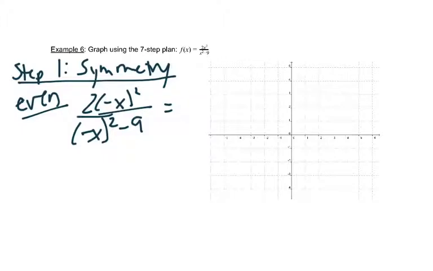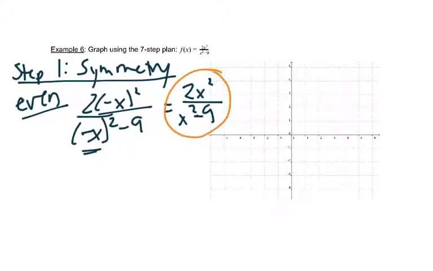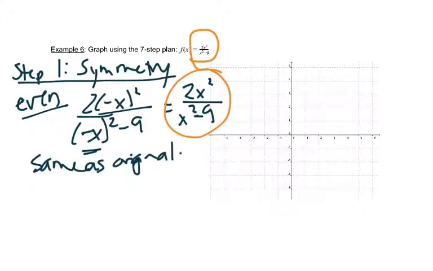So here, if we take negative x and multiply it by negative x, we get x squared. And same here, if we take negative x times negative x, we get x squared. So this is the same as this. And that tells us this is even.